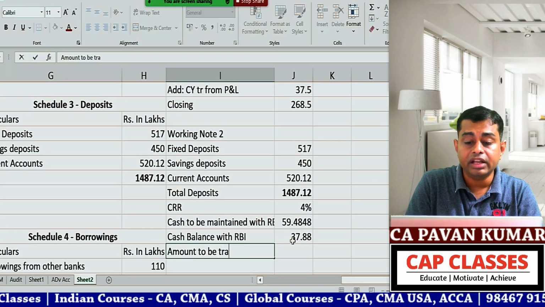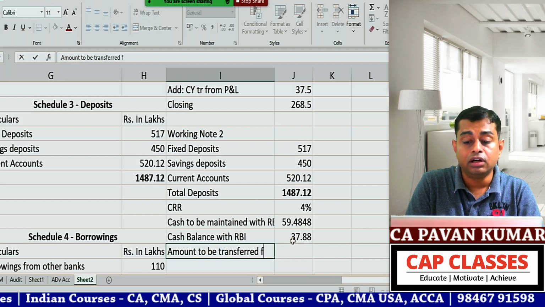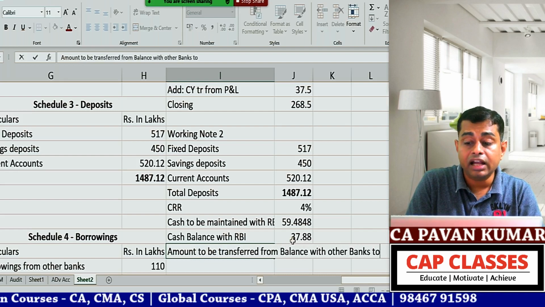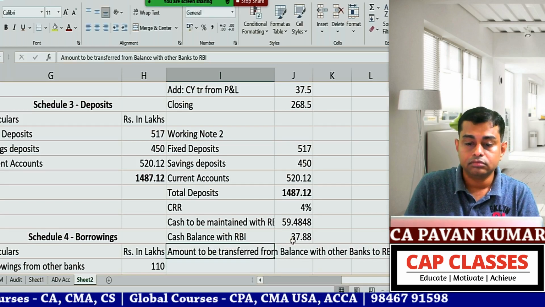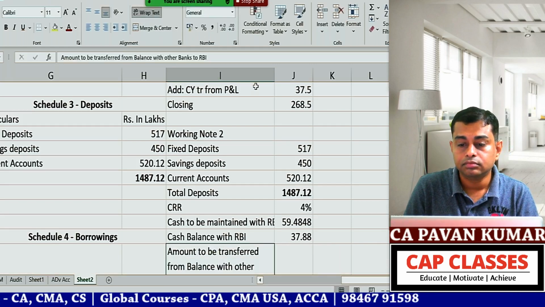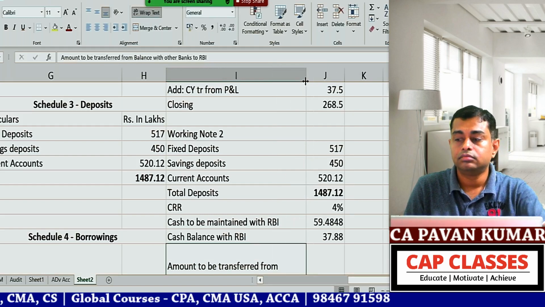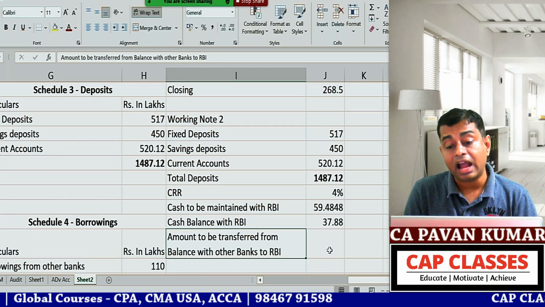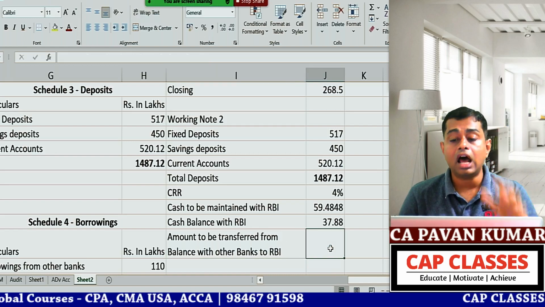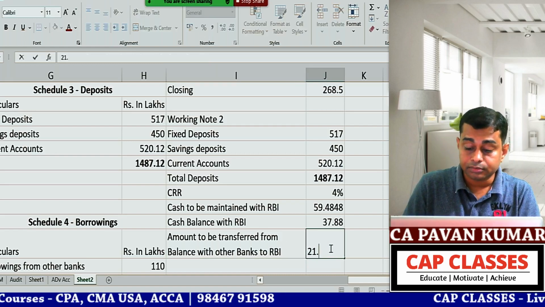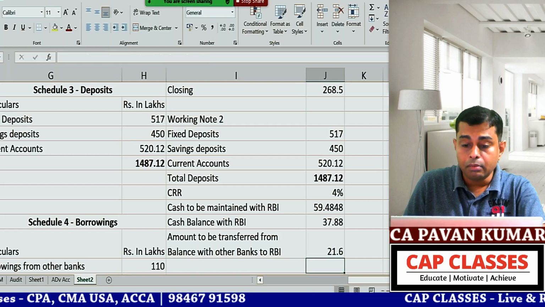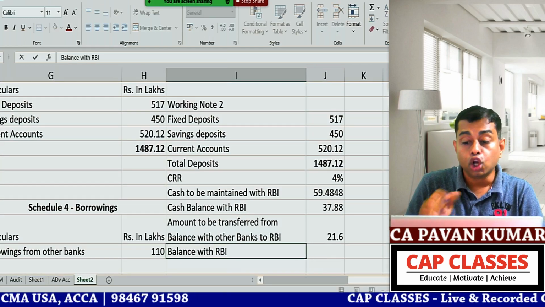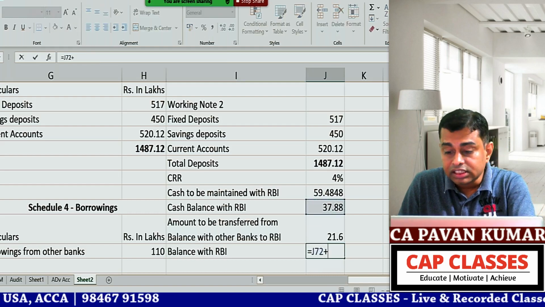Amount to be transferred from balance with other banks to RBI. How much? 21.16. So now balance with RBI closing should be this plus this.